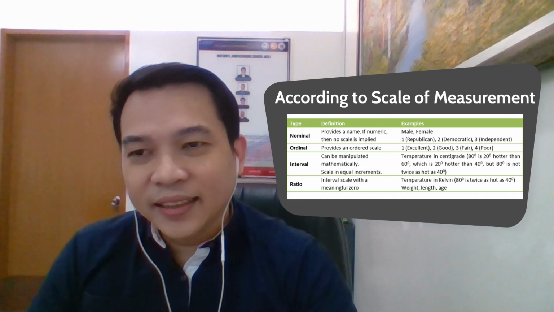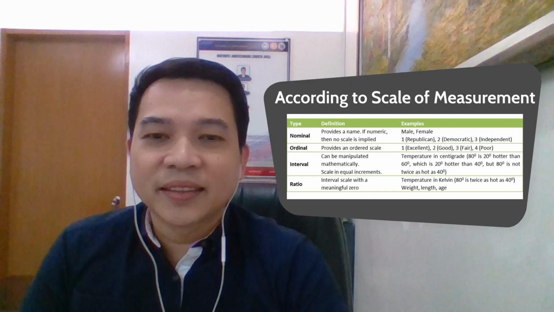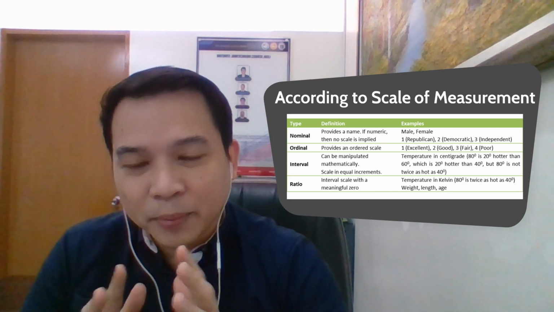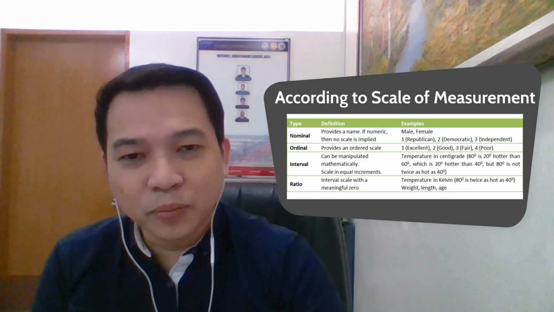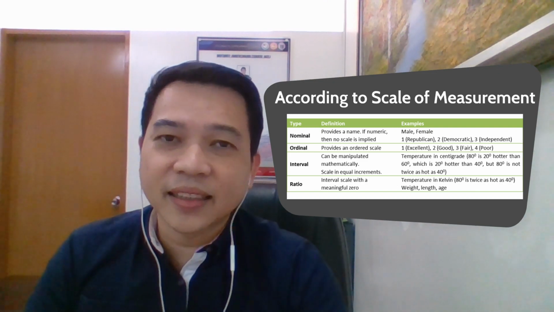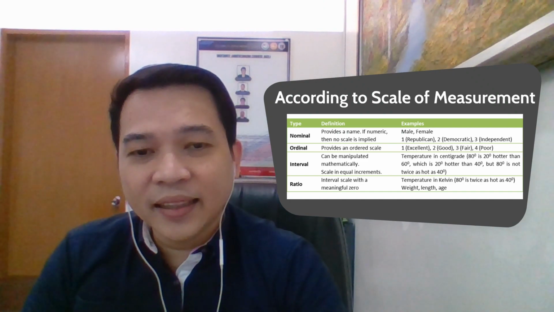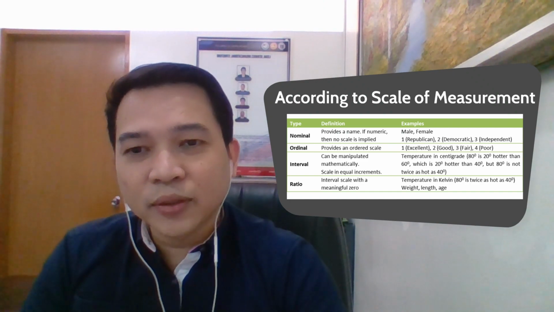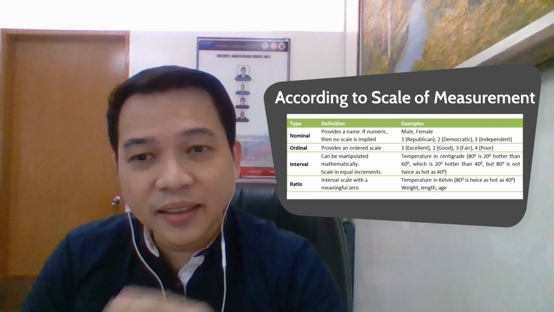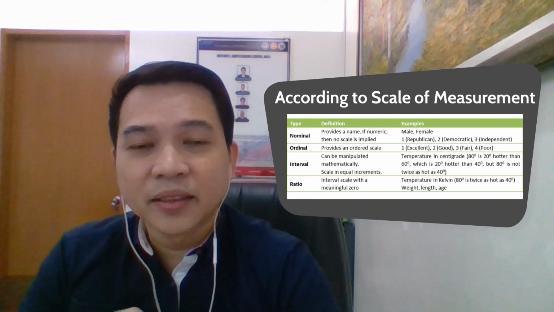We start with the numerical scales of measurement. This is interval and ratio, the last two portions there. Interval data are numerical data that can be manipulated, however, they don't have an absolute zero. That's the only difference between interval and the second term, ratio.